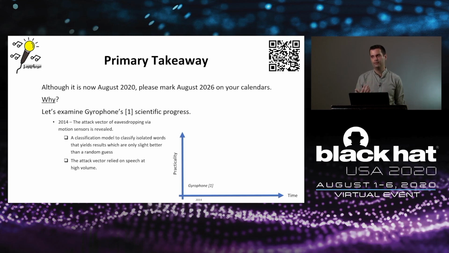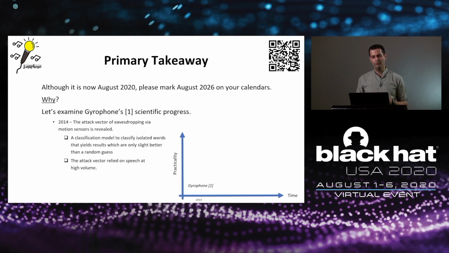Basically, they showed that they can classify isolated words by obtaining data from the gyroscope that is integrated into each and every mobile phone nowadays. And they showed a classification model that aims to classify isolated words that yields results that are only slightly better than a random guess.